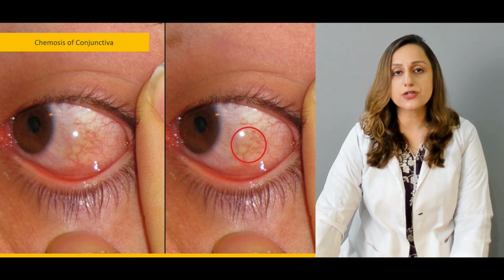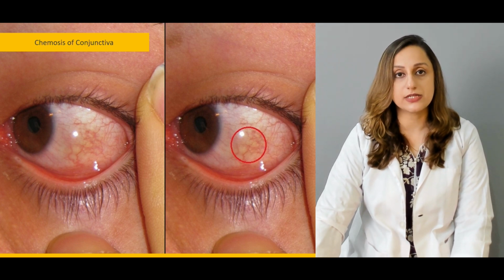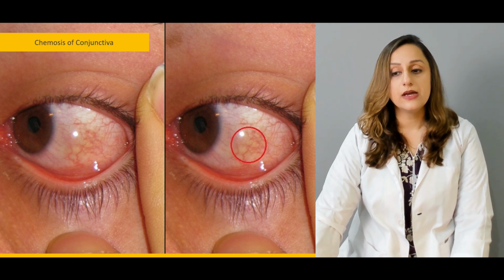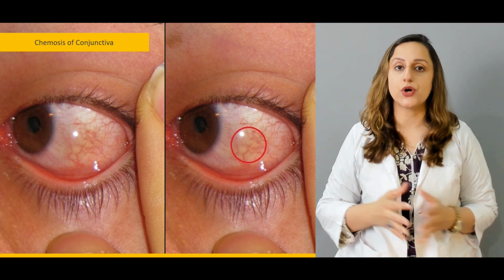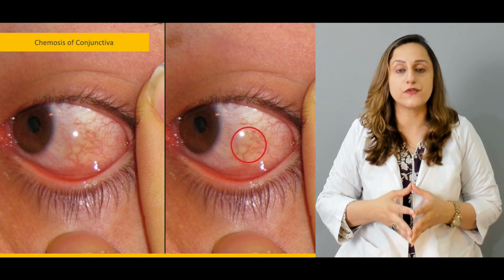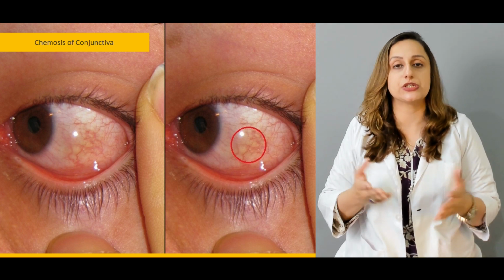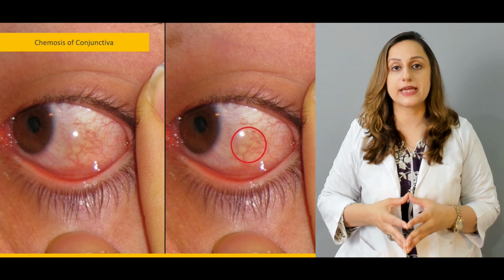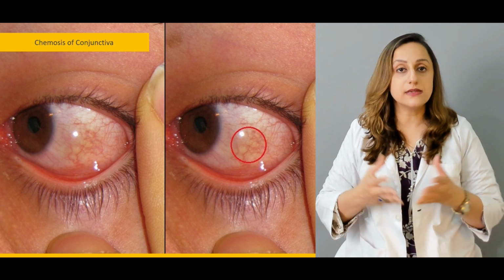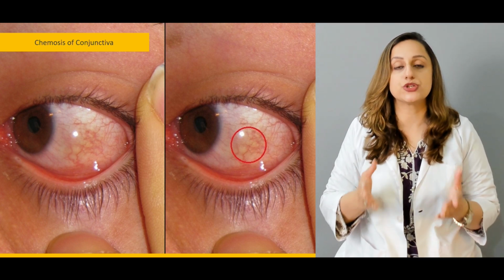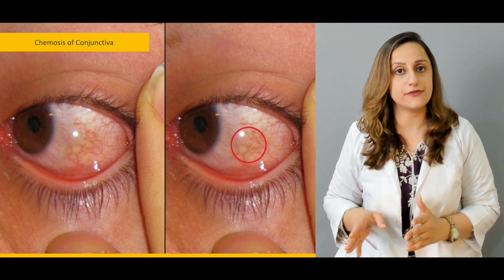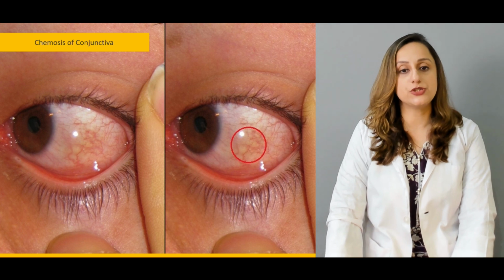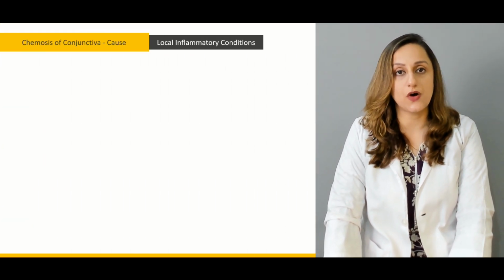So there are a lot of etiological factors towards the development of this edematous chemotic condition in the conjunctiva, ranging from obviously the infectious states. It can be autoimmune disorders, it can be a lot of allergic conditions of the conjunctiva, which sometimes present as the edematous condition of the conjunctiva, which is also termed as the chemosis of conjunctiva. So this is how you relate to this kind of symptom.